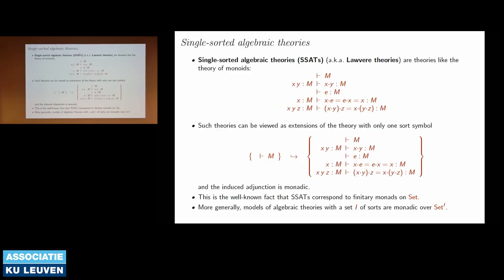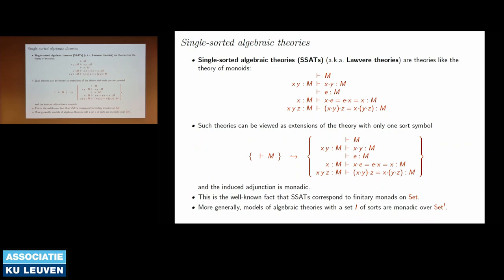discuss that. So a single-sorted algebraic theory is also known as an algebraic theory or Lawvere theory. Lawvere theories are the syntactic categories, probably. These are theories that we can understand as specific generalized algebraic theories, and it's those with a single base sort and no dependency, and then only operations and equations.